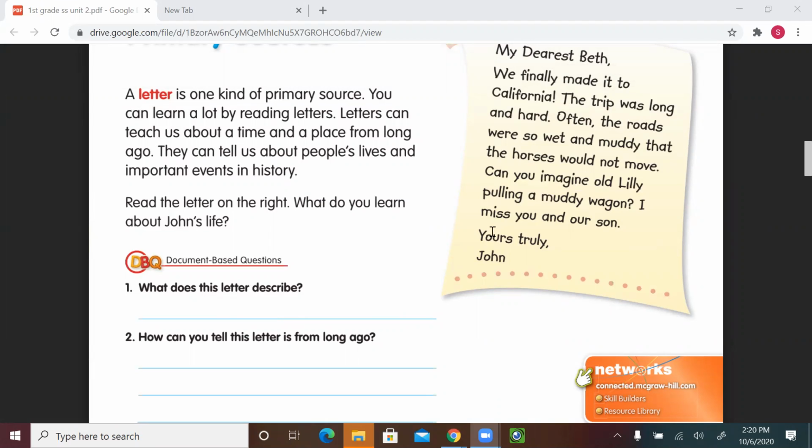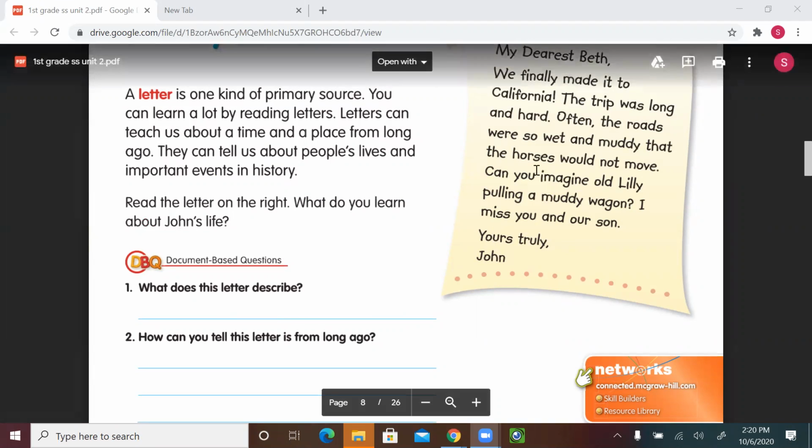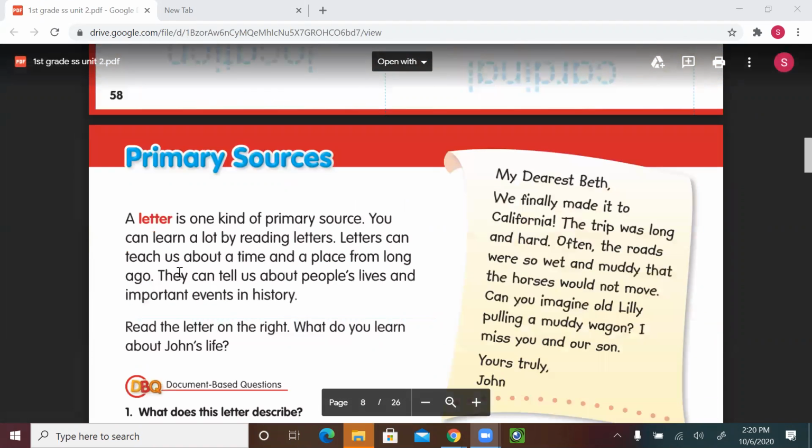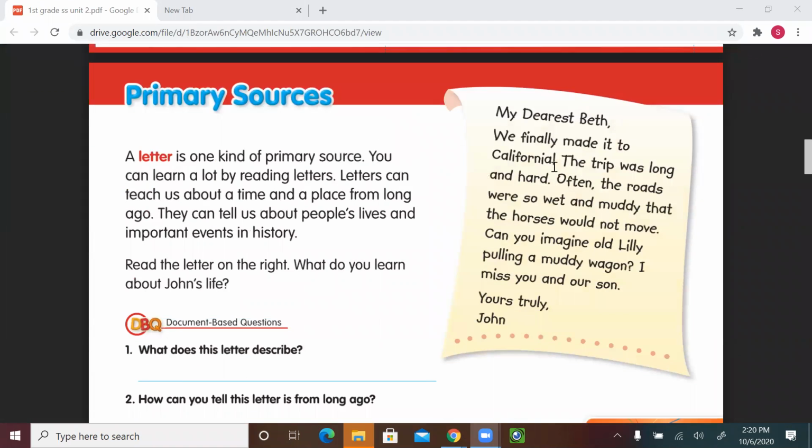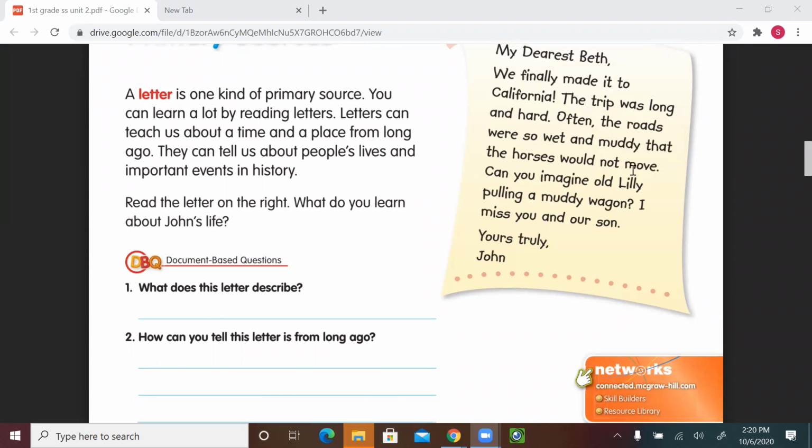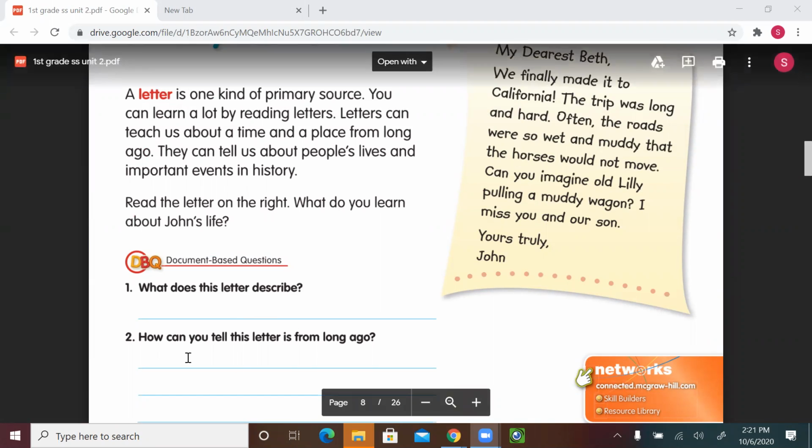All right, so this is, as we said, a primary source, and here we used a letter. When we see this letter, we can tell what kind of life John lived and how his trip was, hard or easy.